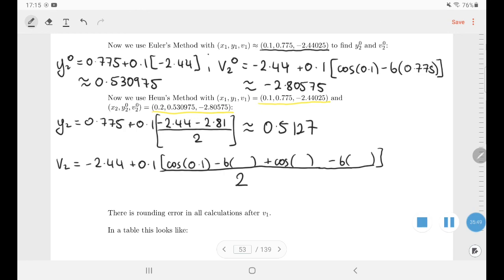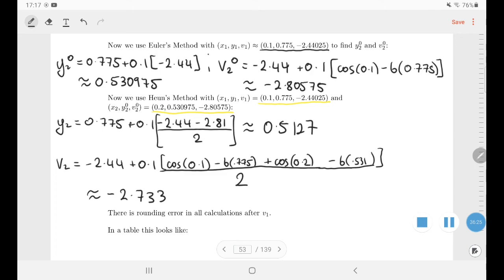This is 0.1 and the next x value is 0.2. Now we can look at the two, and look there, actually they're both in the two yellow underlined. Previous was x equal to 0.1, next is 0.2. And then do it with the y's. So the previous y value looks like the 0.775, and the predicted next one is this 0.531. I'll pause again. And this comes out to be minus 2.733. We'll go for 4 significant figures as well.